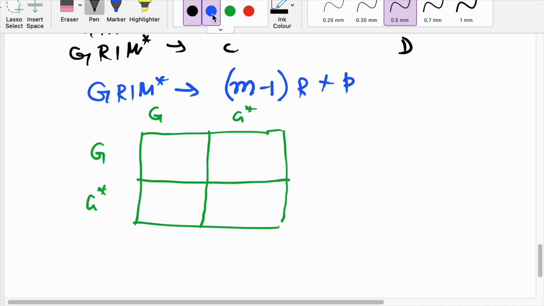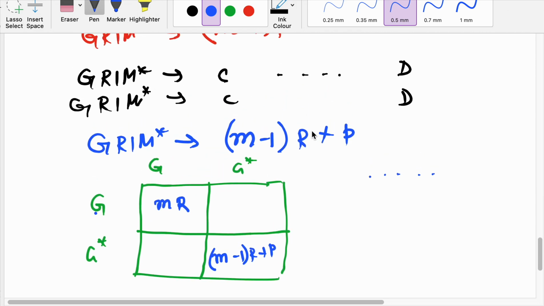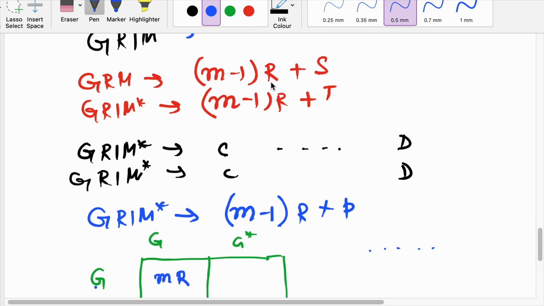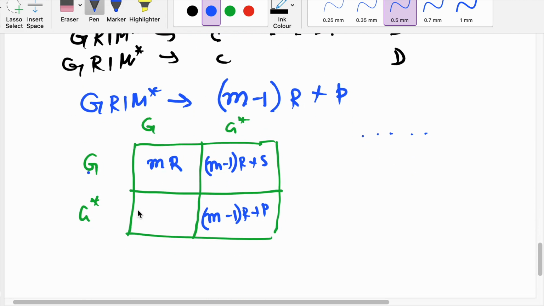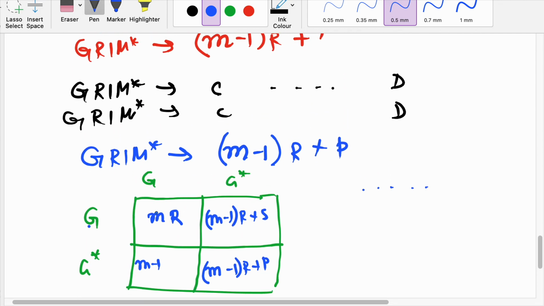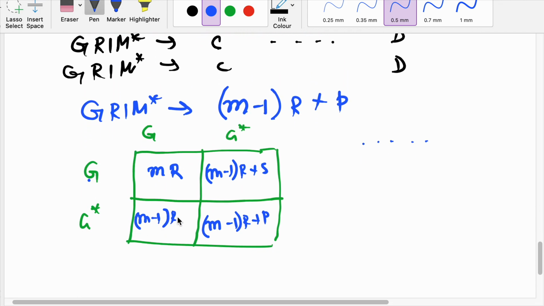If you cooperate in every round, you will get MR. And I calculated green star against green star will get m minus 1 into R plus P, and green against green star will get m minus 1 into R plus S, and green star will get m minus 1 into R plus T.